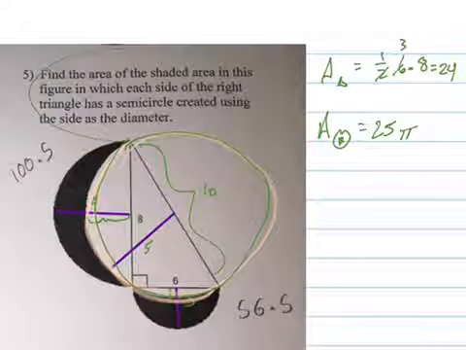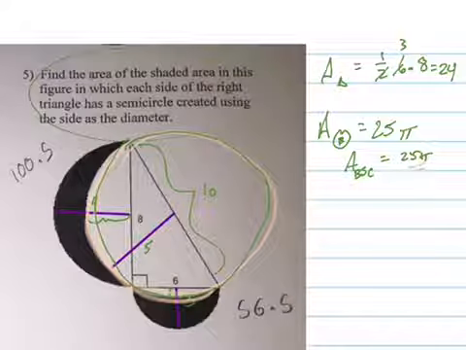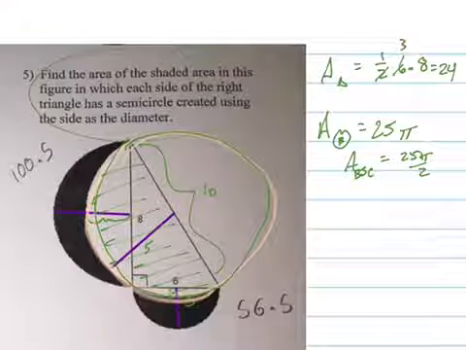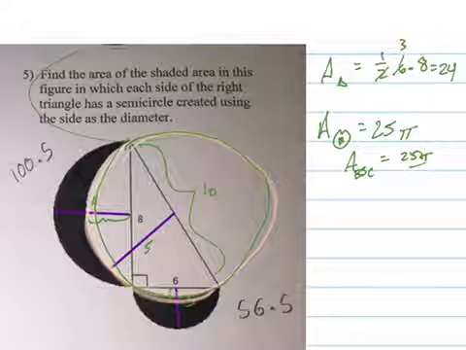So the area of the big semicircle is 25 pi over 2. That would be this right there. Okay, 25 pi over 2.